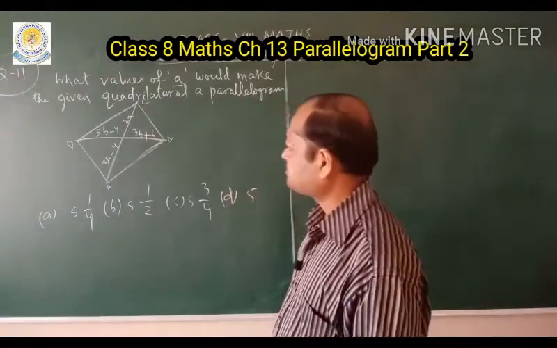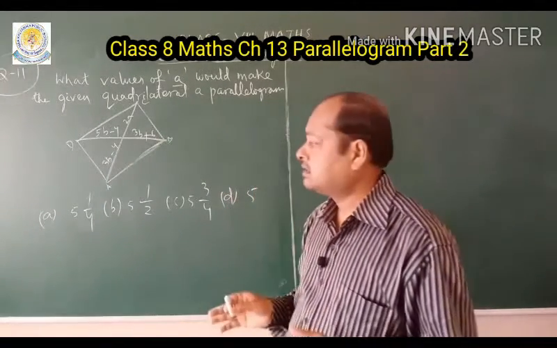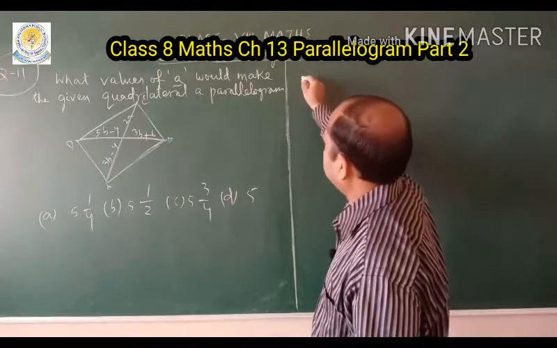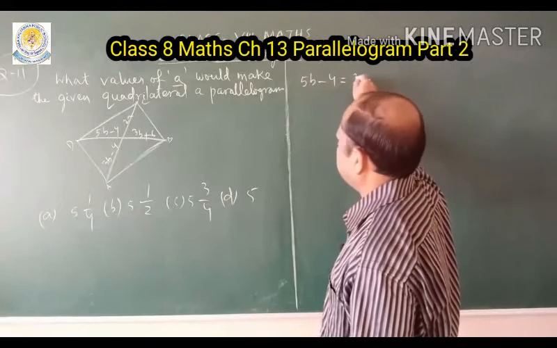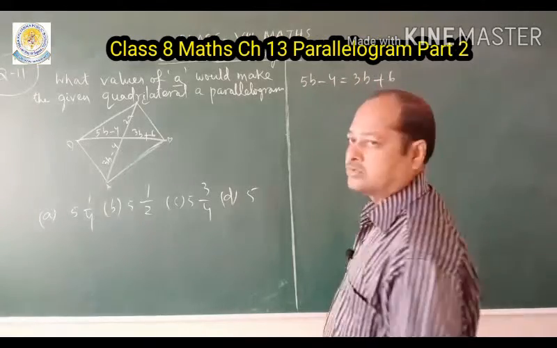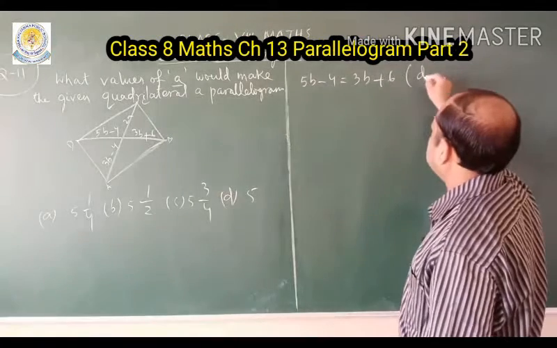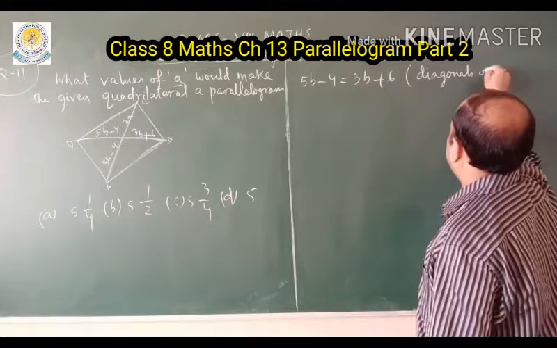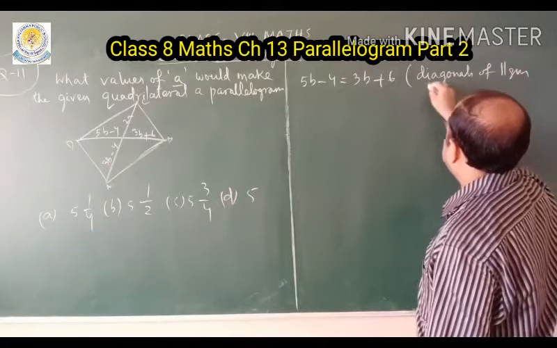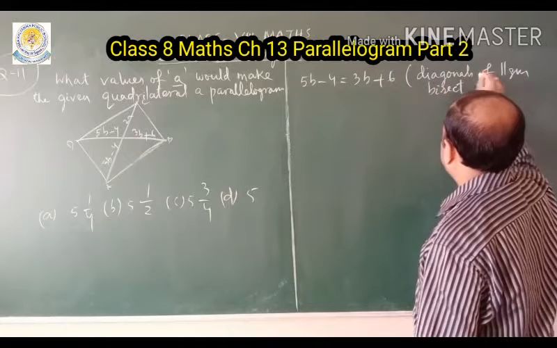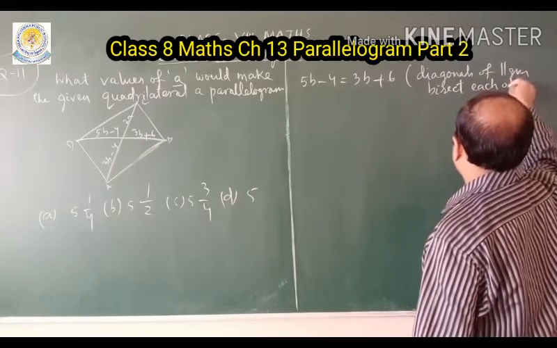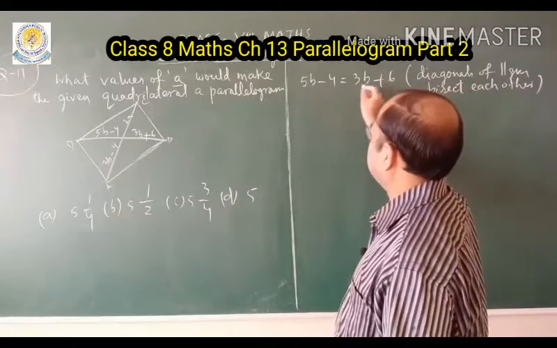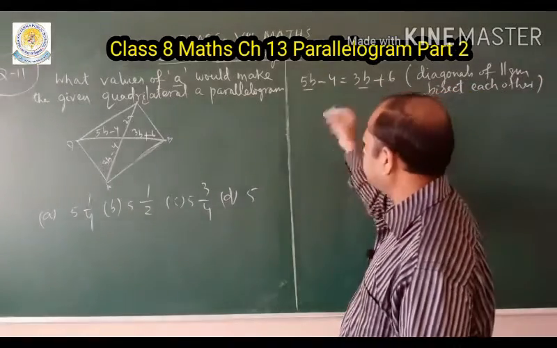So let's start. Because diagonals of a parallelogram bisect each other, 5b minus 4 is equal to 3b plus 6. 5b and 3b are like terms, so make them one side.